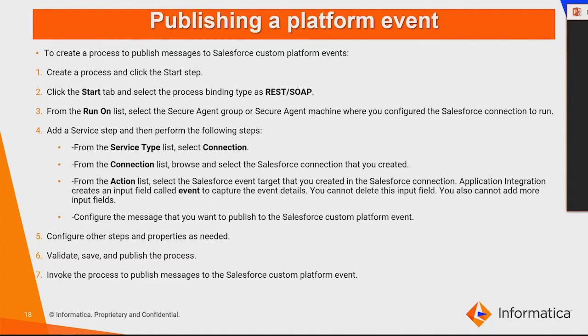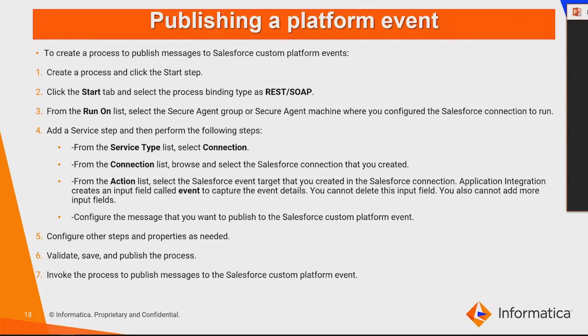The second way of publishing a platform event is through a create step. Use a create step, select the appropriate platform event object in the process, and map the respective fields that are needed. We will show this in the demo.